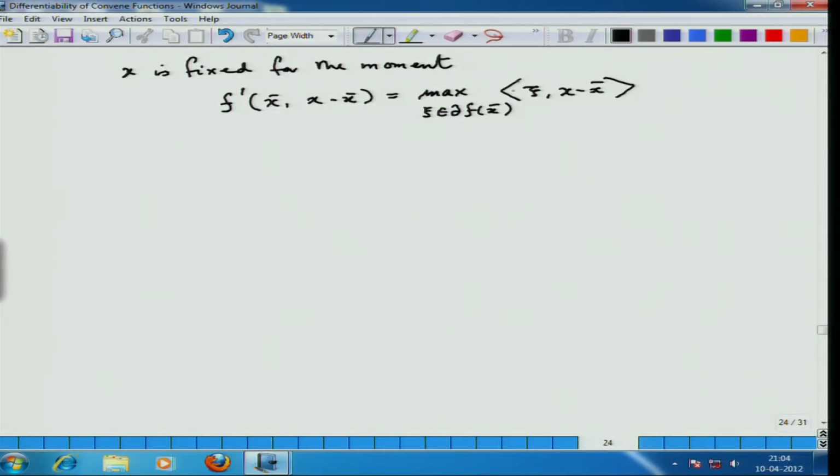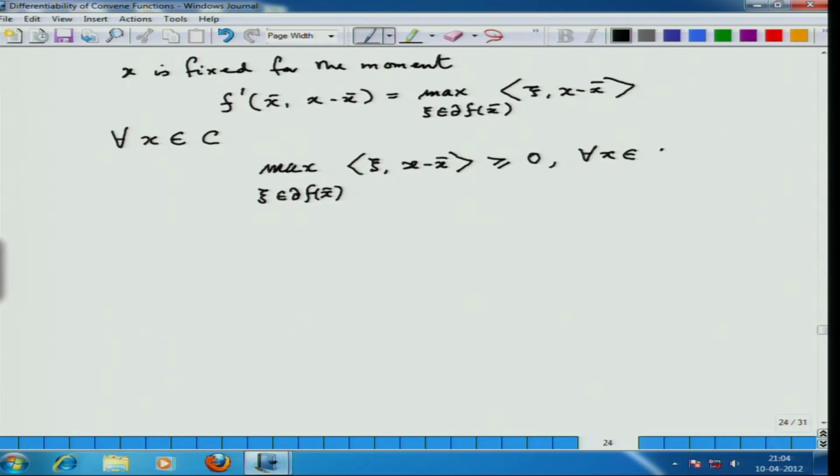Now, once you have this, this is for every x greater than or equal to 0. So, for all x I will have now max of, so this is my optimality condition.